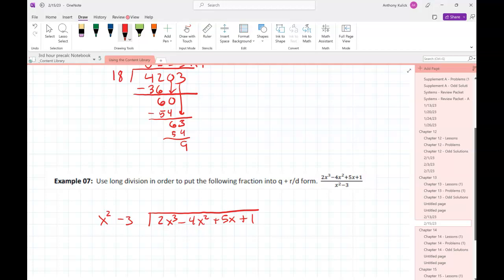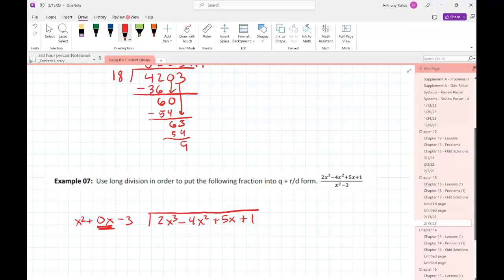It's missing an x term. So I would include plus 0x, a 0x term there.